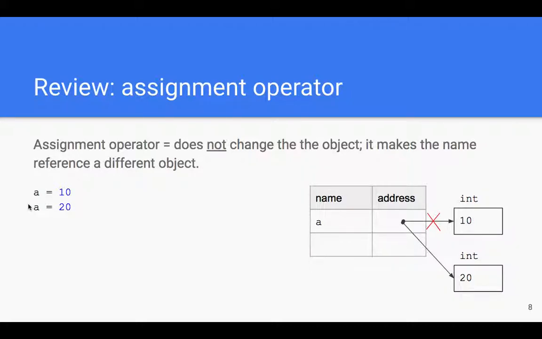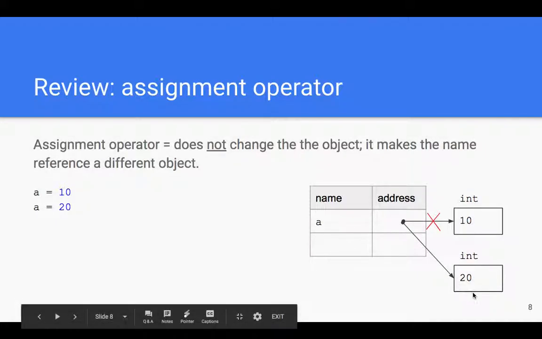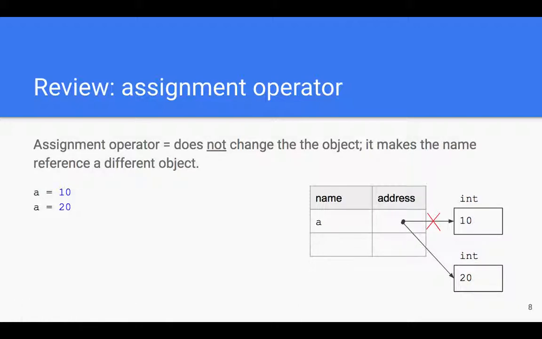However, when we assign 20 to A, we do not change the value in the object A was pointing to. We do not change the 10 to 20. Instead, we create a new int object that holds the value 20 and have A reference this new int object. This is very, very fundamental to how Python works.